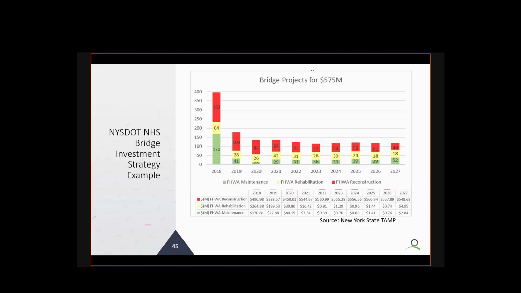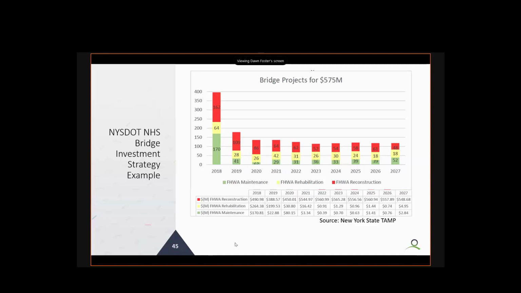And that not only tells you how much they're spending in those categories, but they can tell you the number of bridges or the square deck area that's being addressed. And in this case, it's the number of bridges, and you can kind of see that it's fairly well balanced. They're reconstructing about as many bridges as they're preserving or rehabilitating in a given year.